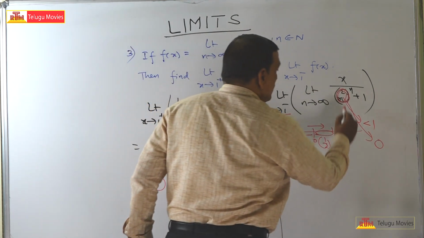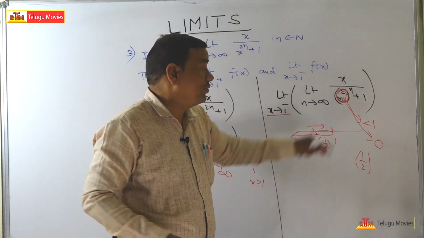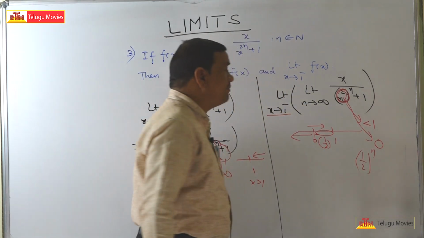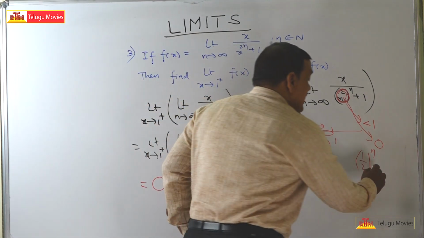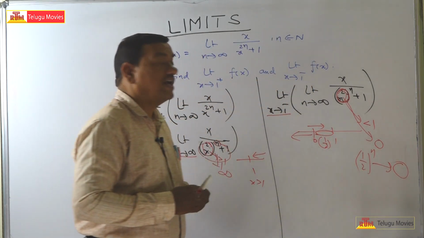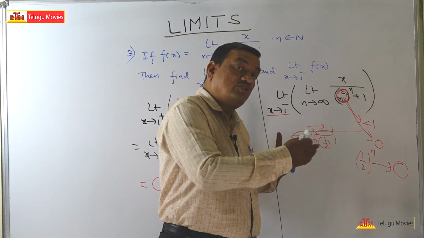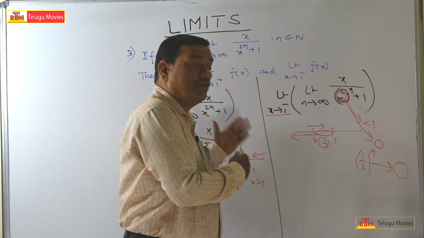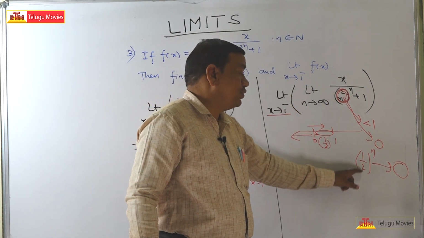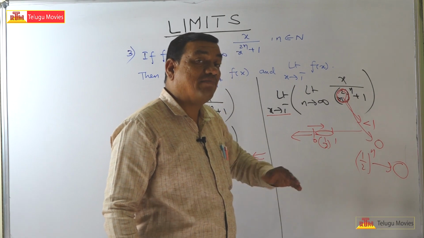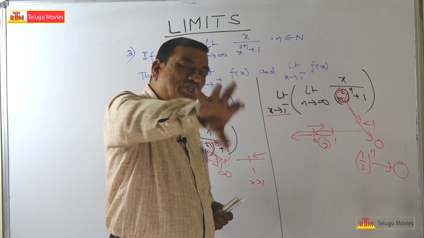For example, less than 1 means if you take 1 by 2, you raise the powers, as n tends to infinity, 1 by 2 whole power n tends to 0. Understand? It is a fraction, lies between 0 to 1 or negative values. As the power increases, 1 by 2, 1 by 4, 1 by 7, 1 by 8, minus 1 by 5, minus 1 by 3, minus 2, minus 7, they all approach 0.